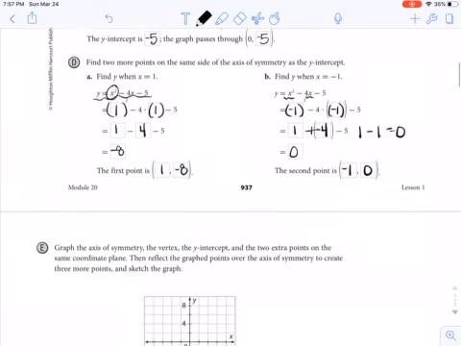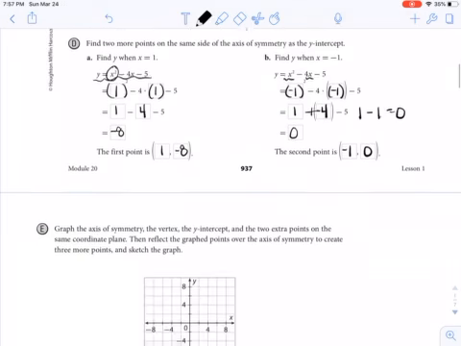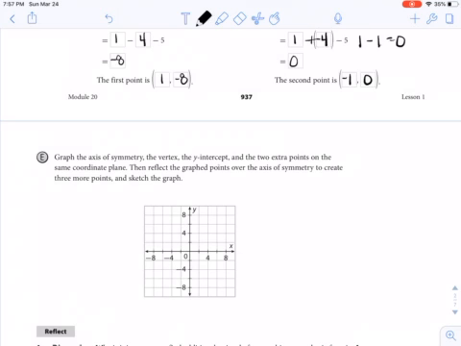Okay. So now we're going to graph the axis of symmetry, the vertex, and the y-intercept, and the 2 extra points on the same coordinate plane. And so by doing that, we're going to start at 2, negative 9, because our vertex was 2, negative 9. Our axis of symmetry was 2.